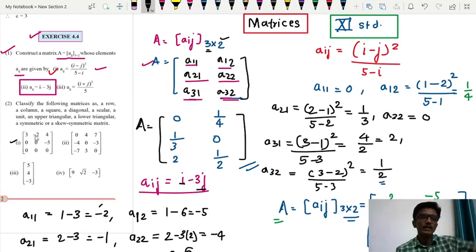The number of rows and number of columns are equal, and all the elements which are below the diagonal are 0. Okay, you can look here, all elements below this diagonal are 0. So therefore it is an upper triangular matrix. See, the first matrix is an upper triangular matrix.